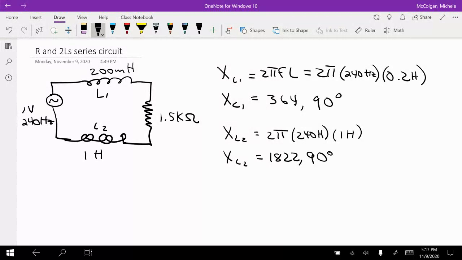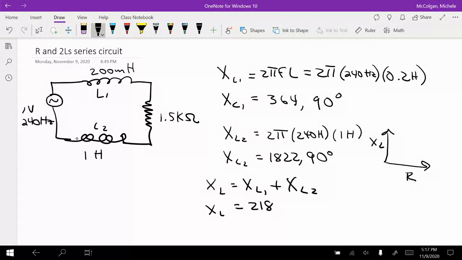Remember with our little triangle, this is my XL and this is my R. Since these two inductors are both pointing in the positive 90 degree direction, I can say XL is equal to XL1 plus XL2. Adding them together, I get XL is equal to 2186 ohms at 90 degrees.